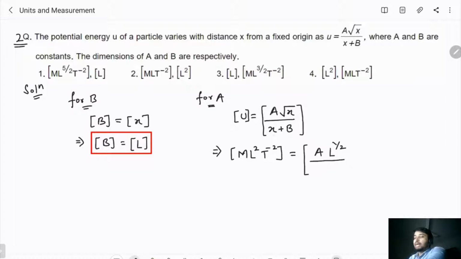So x will have dimension L and b will also have dimension L. So overall we have to just focus on the dimension of this particular expression. Here we will not write L plus L as 2L. We know that the dimension of both x and b is L. We will just take it as L. We just need to focus on the dimension, the unit. We are not bothered about the magnitude.